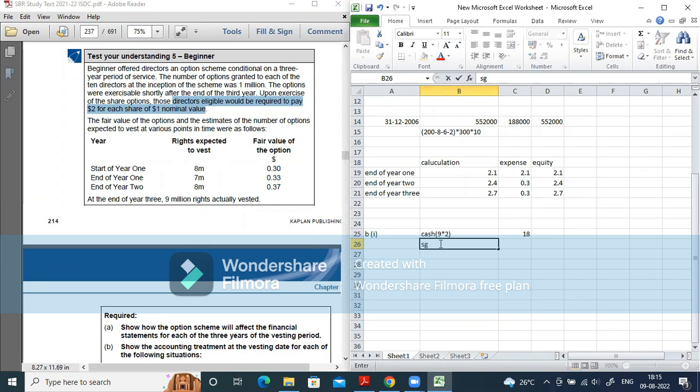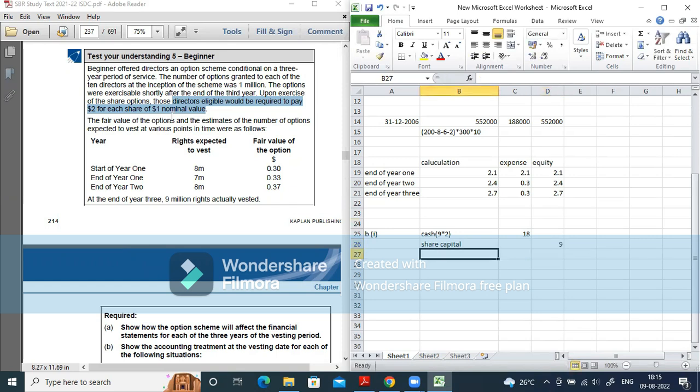Share capital. Now how much share capital will we recognize here? Because the nominal value of each share is only $1. So the total shares are 9 million. So share capital will be recognized as 9.